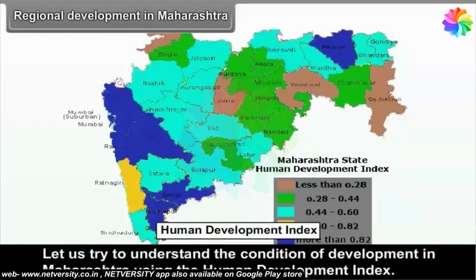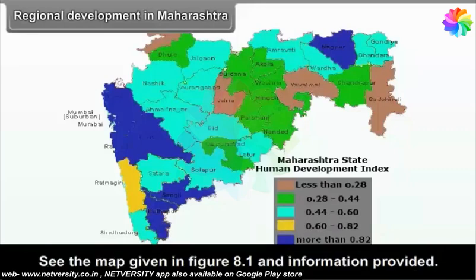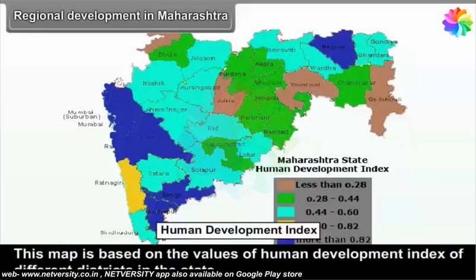Let us try to understand the conditions of development in Maharashtra using the Human Development Index. See the map given in figure 8.1 and the information provided. This map is based on the values of Human Development Index of different districts in the state.